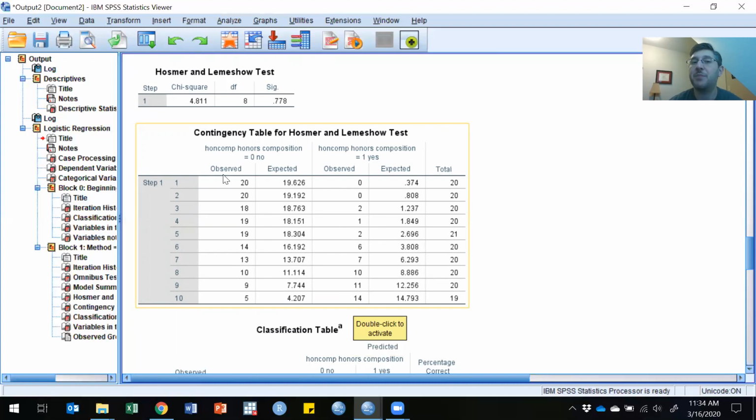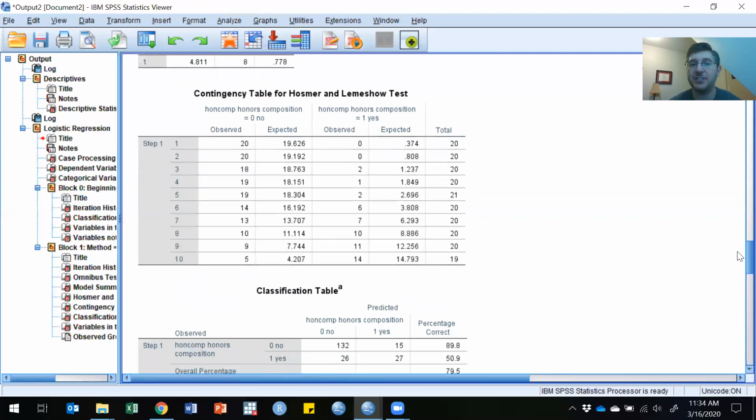And so you would compare the observed to the expected frequency. You can see all of ours are pretty close. That's why we're failing to reject this chi-square test. But if it was significant, you'd look at the areas where there was misfit and see how bad it's actually doing.